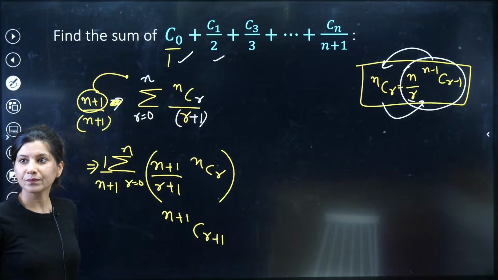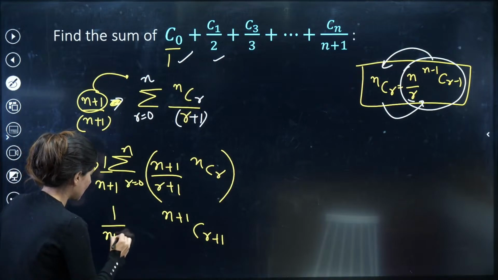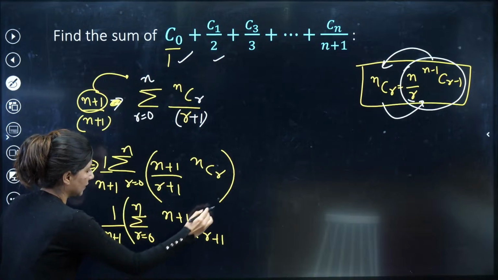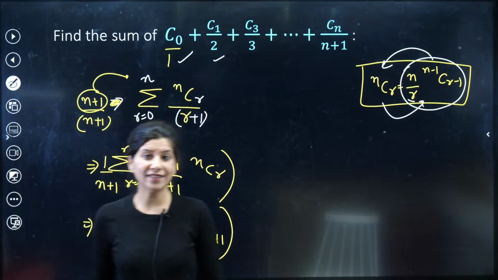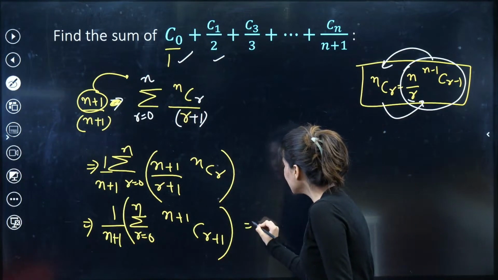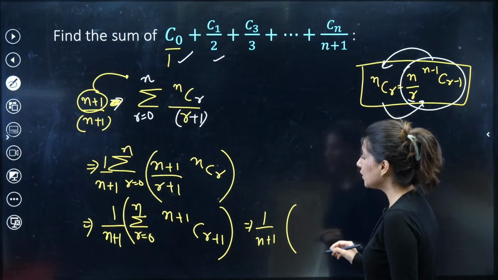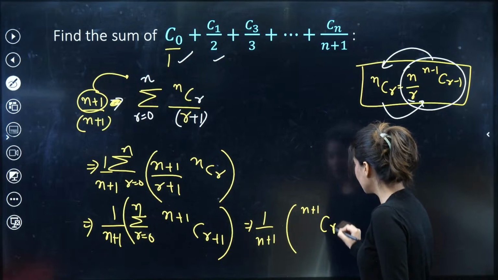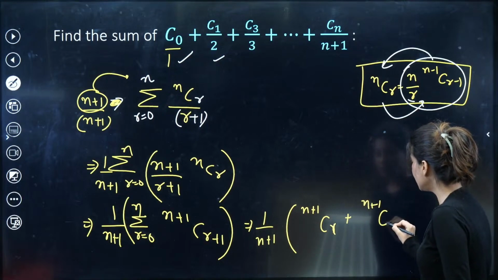Okay. All right. And this is 1 upon n plus 1 sigma r is equals to 0 to n. Okay. Now expand. Now you've got rid of r plus 1. Now you can expand. So this is 1 upon n plus 1. R is equals to 0. The moment you put r is equals to 0, this is going to be n plus 1 C1. The moment you put r is equals to 1, n plus 1 C2.